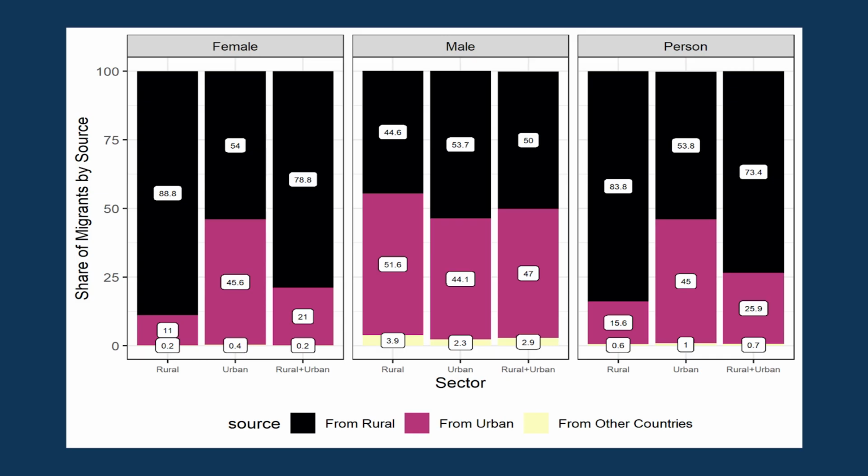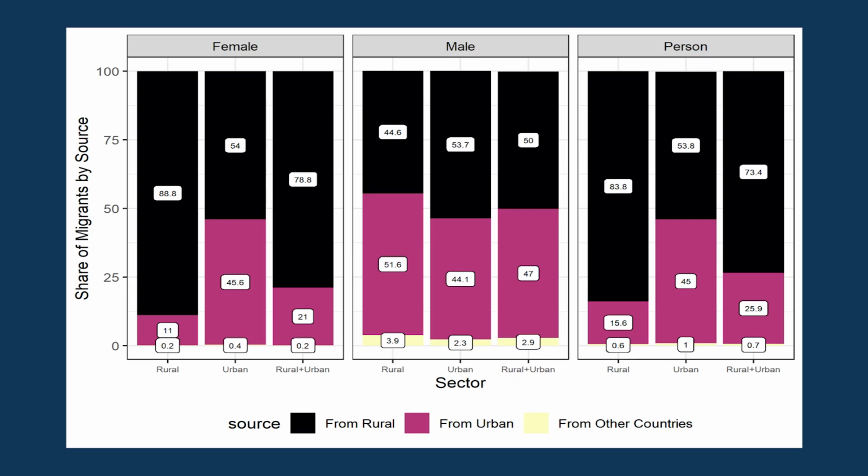Similarly, if you take the scenario of the male migrants, if you go to a rural area and identify the male migrants, this is an interesting thing. If you take the rural male migrants, you see about 51.6% are actually from urban areas.